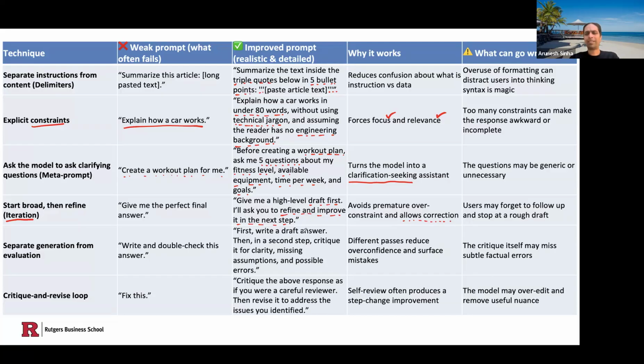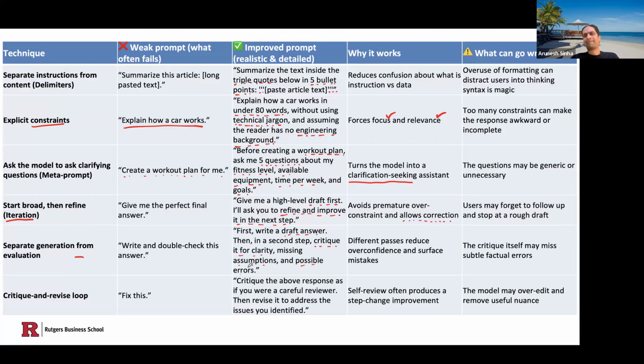In the next row here, all of this is done in one prompt, but you could split this into two. First, write a draft and get the draft from it. Then in the second step, you ask the LLM to critique it for clarity, missing assumptions, and possible errors.